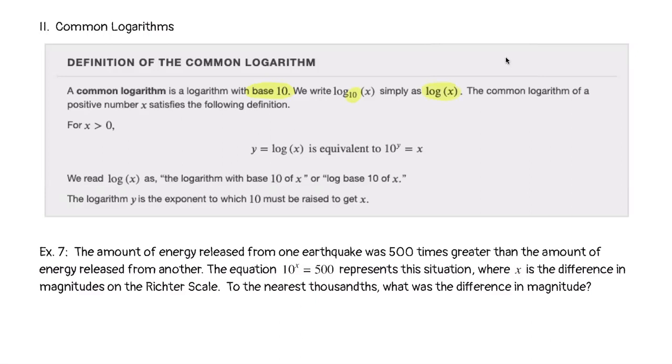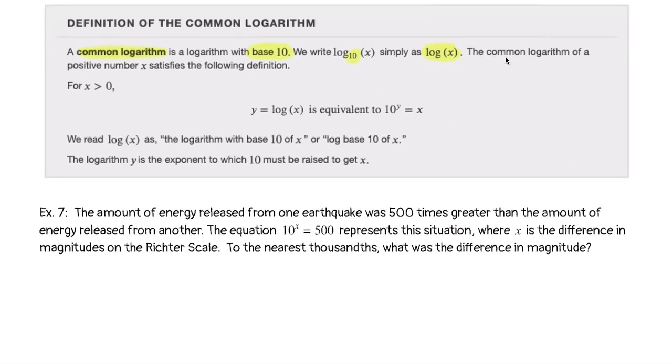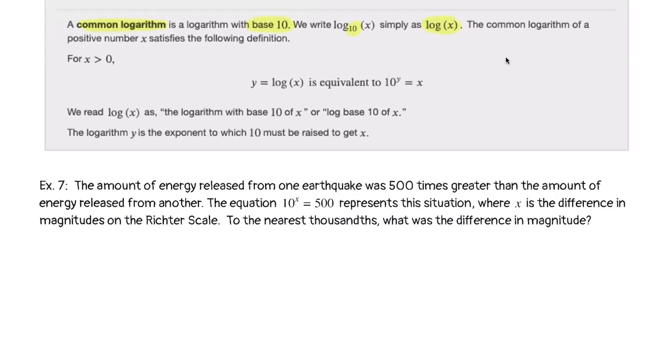So when somebody doesn't write a number, they're saying that number's 10, and I want you to know that. Okay? So a common logarithm is a log with a base 10. So let's take a look at a couple uses of it.